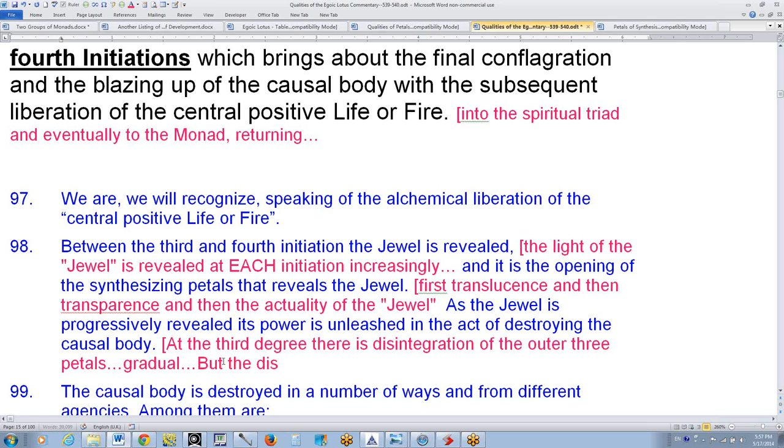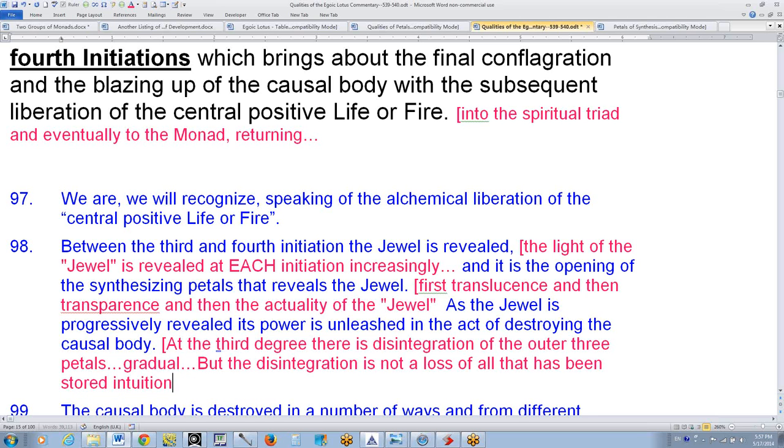But the disintegration is not a loss of all that has been stored in the knowledge petals, because there is an elevation of that content into the mental, oh, I'm sorry. Sneeze. Monastic permanent atoms.